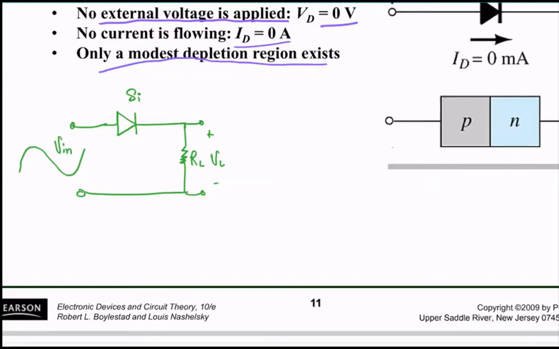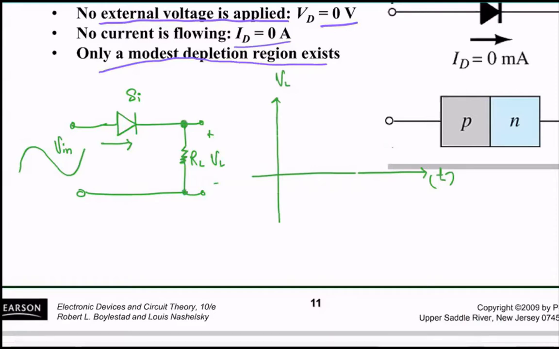This input voltage will go past the silicon diode. So how will my output look? On the x-axis you have time, and this is your VL. Whatever the voltage is here is the voltage across this resistor RL, and that's what I'm interested in.